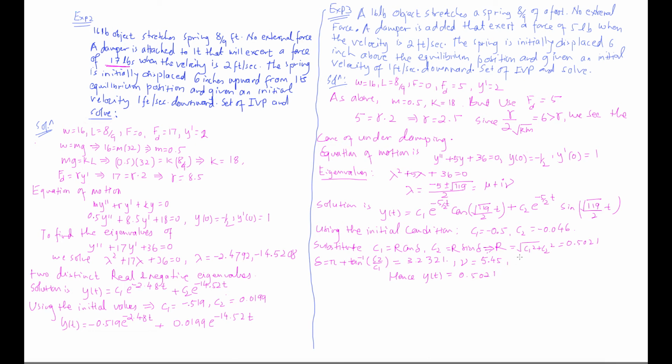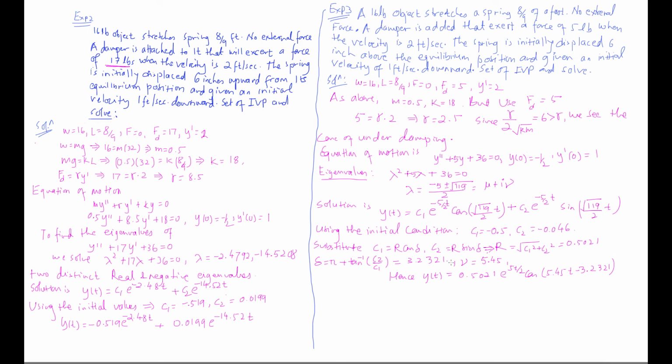So y(t) will look like R, which is 0.5021, and then e to the 5t over 2, right? That's R e to the gamma t. So that will be 0.5021 e to the 5t over 2, and then cosine of nu t minus delta, where our value of delta was 3.2321.